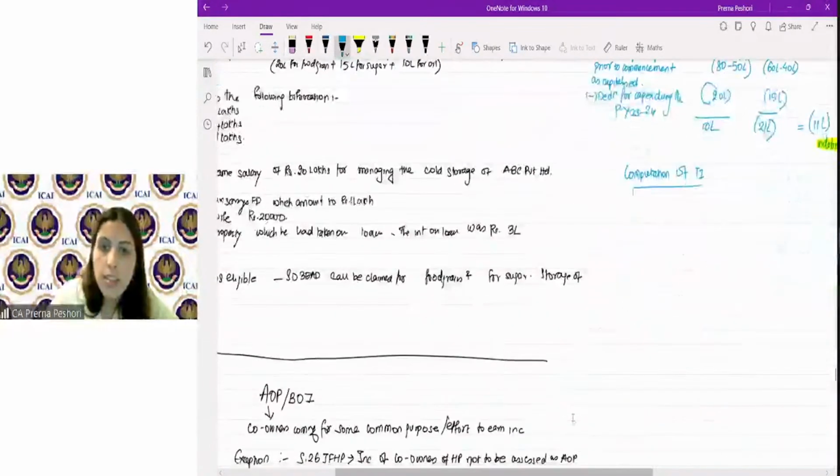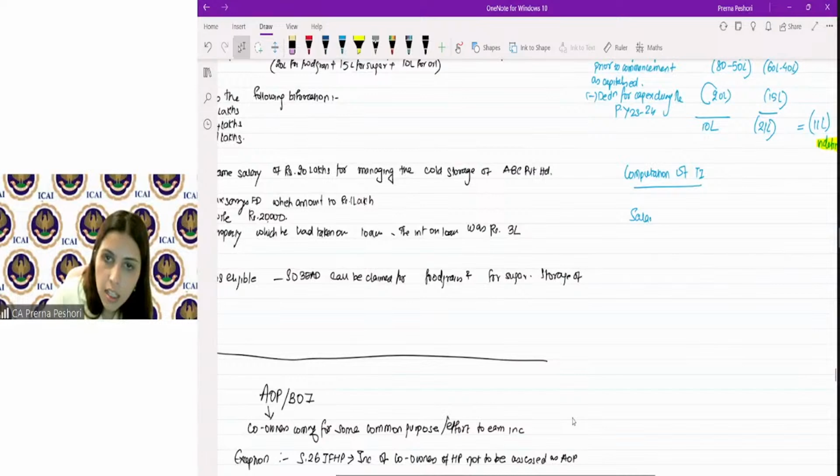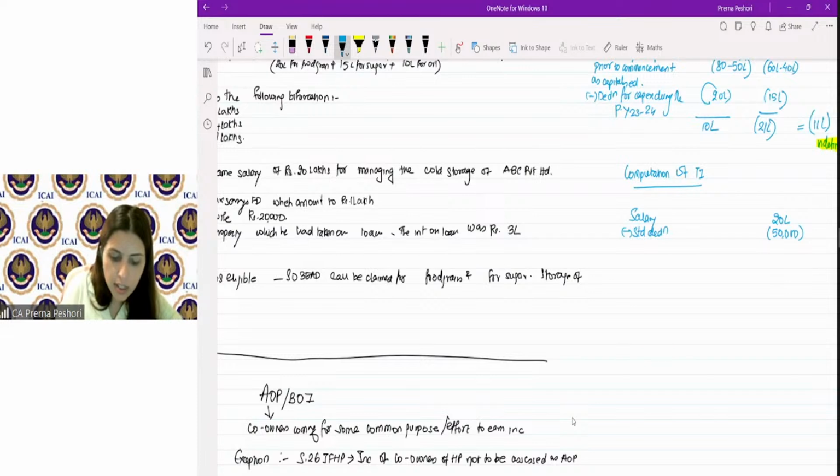So I will consider the salary of 20 lakh less the standard deduction of 50,000. So 20 lakh minus 50,000 is giving me 19.50 lakh.